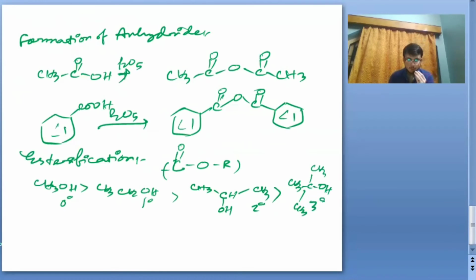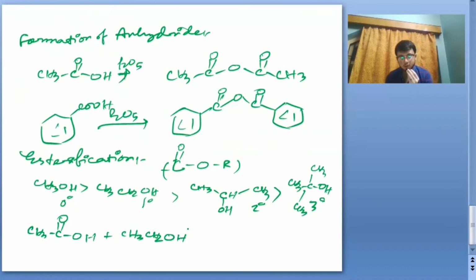So let's see what happens if we take a carboxylic acid, COOH, and here we are taking an alcohol, that is CH3CH2, ethyl alcohol, and we are taking an isotope of oxygen, that is O18. Now what happens?